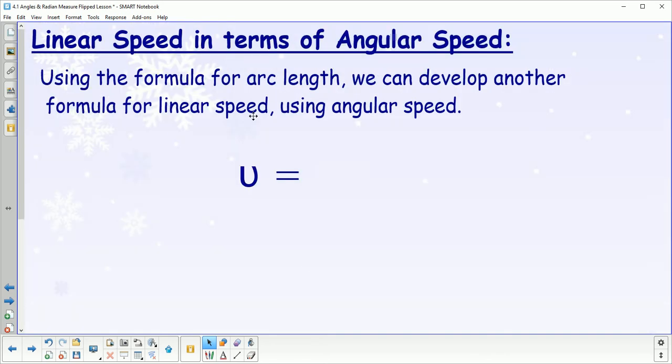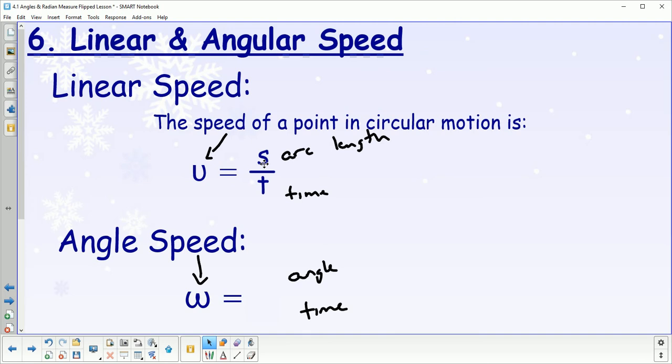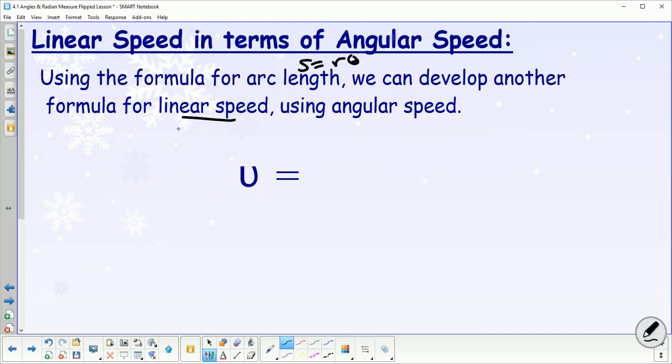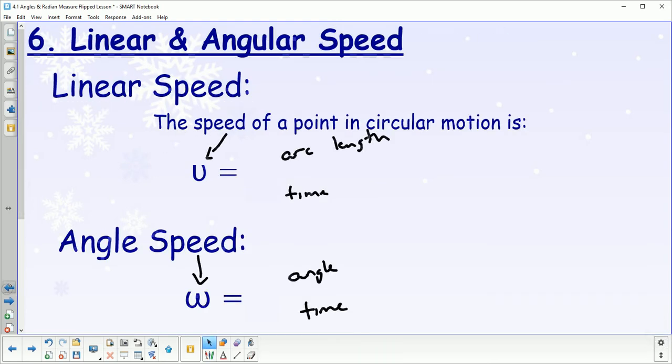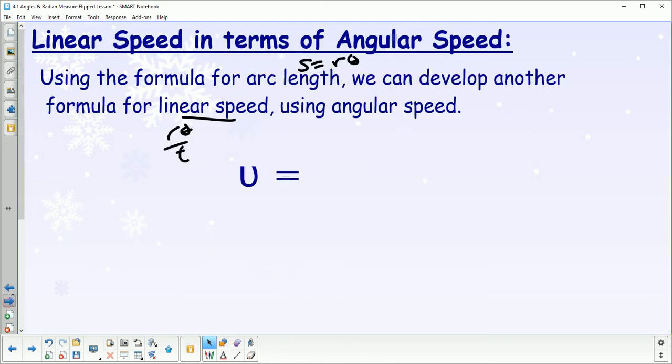Now if we use our formula for arc length, which remember is S equals R theta, and we plug that into the formula for linear speed, which if we go back, remember was S over t. So S over t would now be R theta over t, and using that combined with our angular speed, solving for theta, okay, so to solve this for theta, I'd end up with the radius times the angular speed.